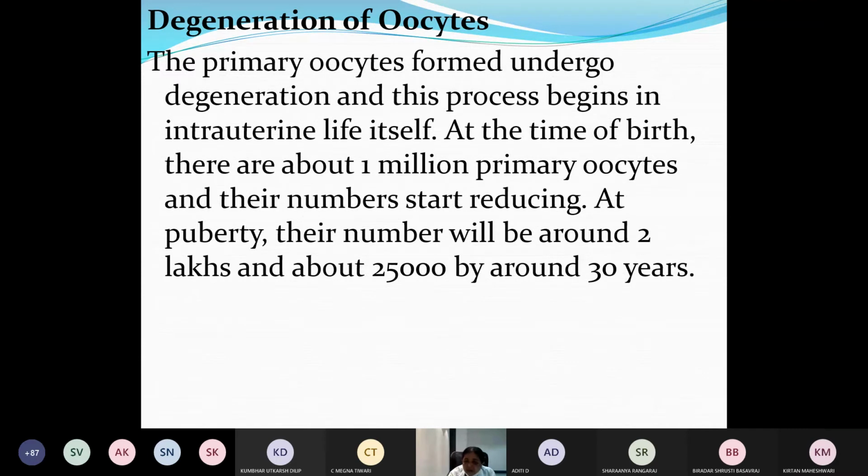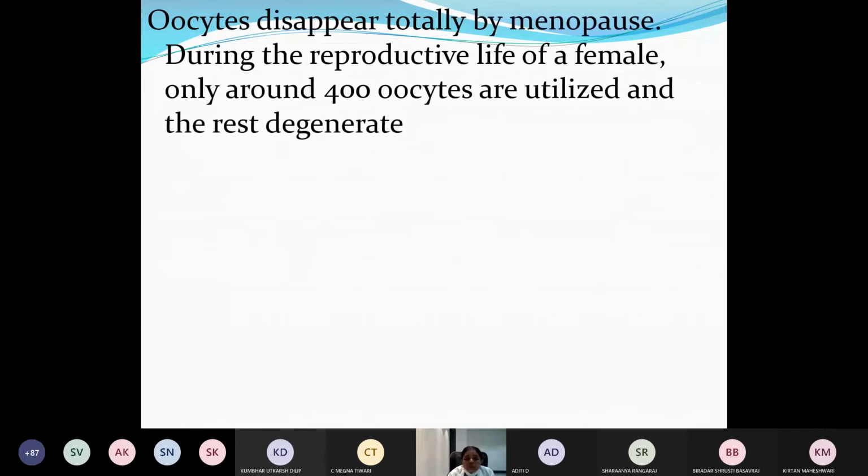At puberty, their number will be around 2 lakhs and about 25,000 by around 30 years. Oocytes disappear totally by menopause.